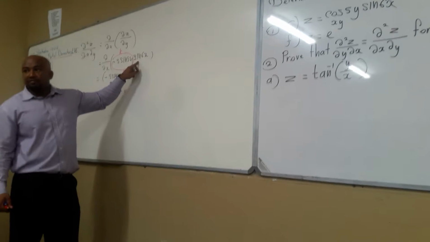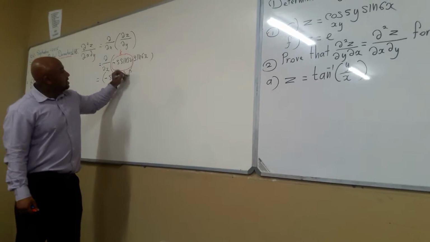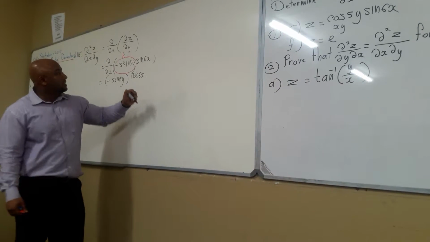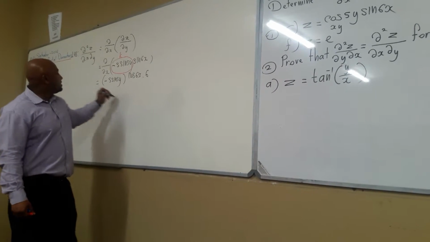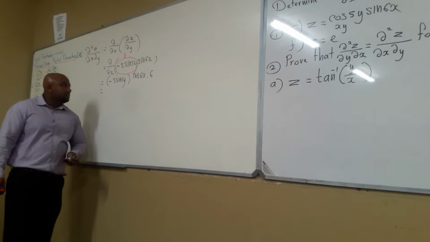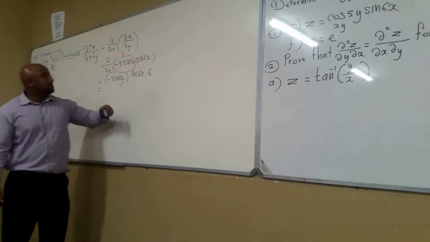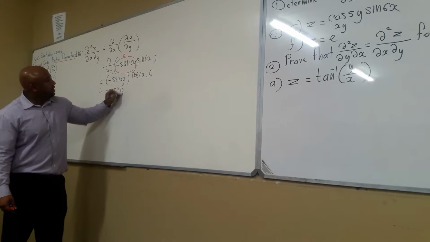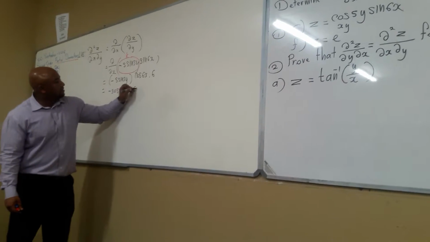What is the derivative of sine 6x? That's going to be cos of 6x times the derivative of 6x there, which is 6. Simplify there, minus 5 times 6, that will be minus 30 sine 5y cos of 6x.